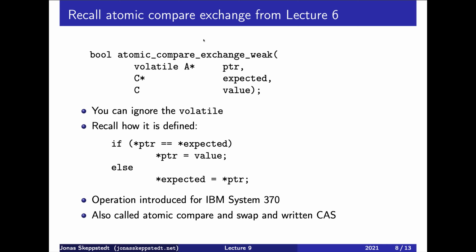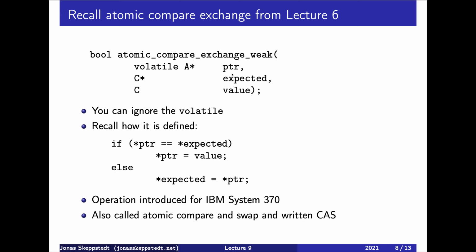It's frequently also just written CAS or compare and swap, and it was introduced for an IBM machine, System 370. This is from lecture 6, and it takes 3 parameters, pointers to the first 2, and then the new value that we want to write into the atomic variable.